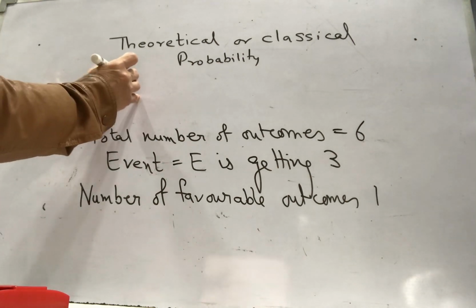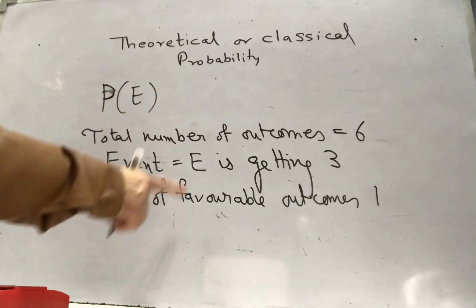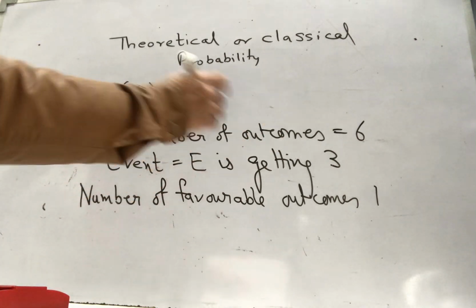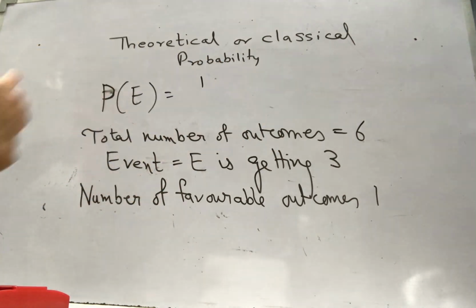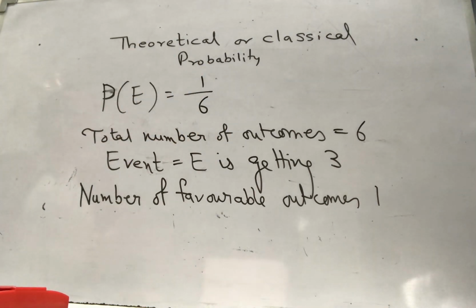So the probability of event E, getting 3, with the total always in the denominator, will be 1 by 6.